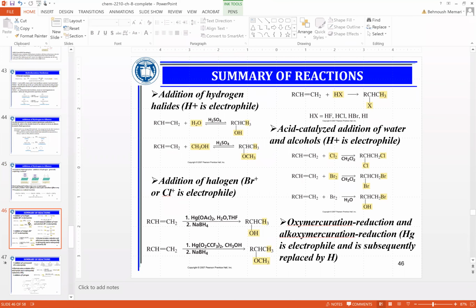Summary of the reaction. Of course, these slides are going to be helpful for you to prepare your flashcards, but please remember, when you are preparing your flashcards, to include if the addition is Markovnikov, anti-Markovnikov, or neither. Know the reagents, and possibility for rearrangement. Include that because it's going to help you.